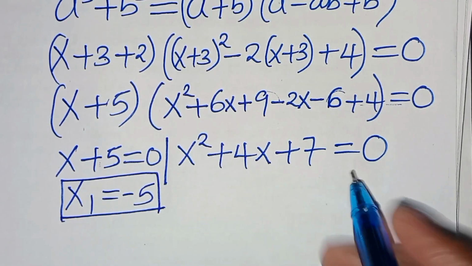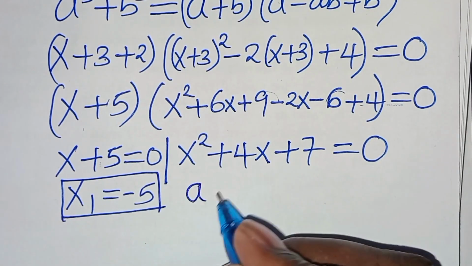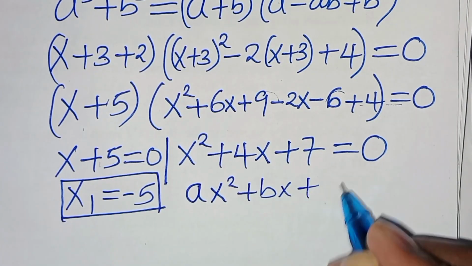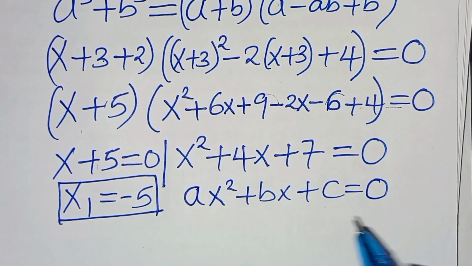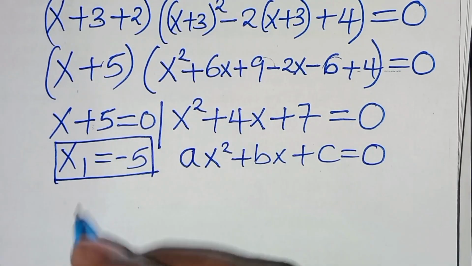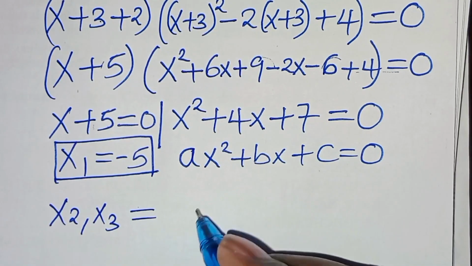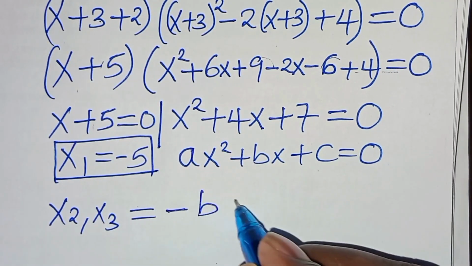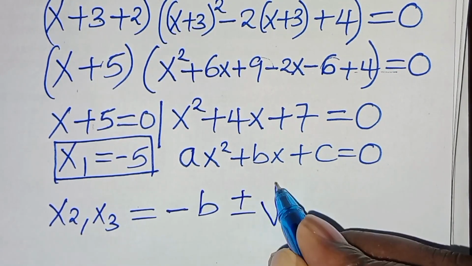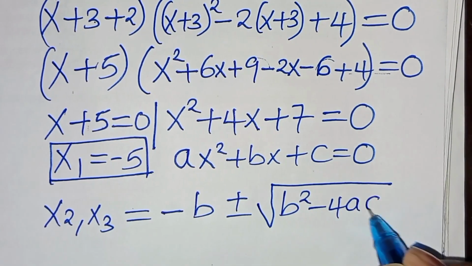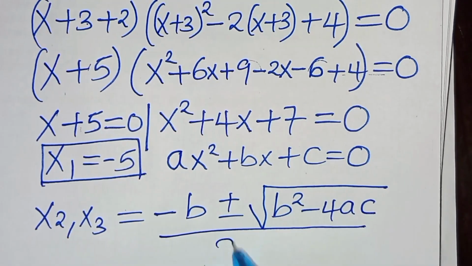And the second part here is a quadratic equation of the form ax squared plus bx plus c equal to 0. So to solve for x2, x3, we apply the quadratic formula: minus b plus or minus the square root of b squared minus 4ac, over 2a.